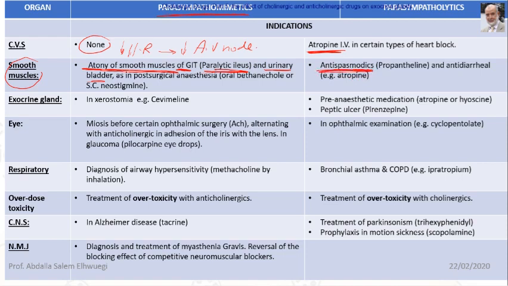They are used as antispasmodics, the most famous being propantheline, and also hyoscine is used as an antidiarrheal mixed with opioids, like atropine. Okay, exocrine glands, we said they are used in xerostomia and xerophthalmia as well.